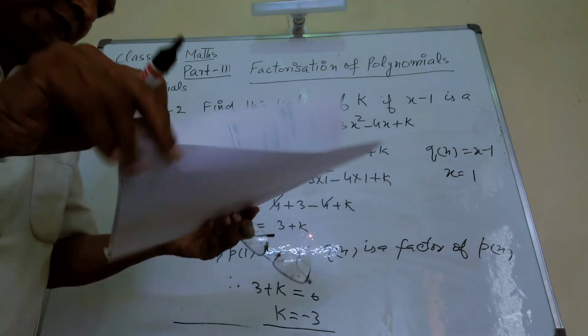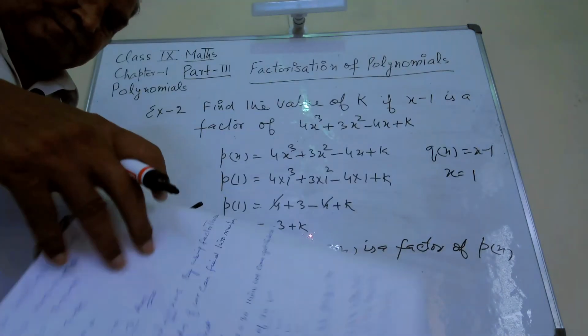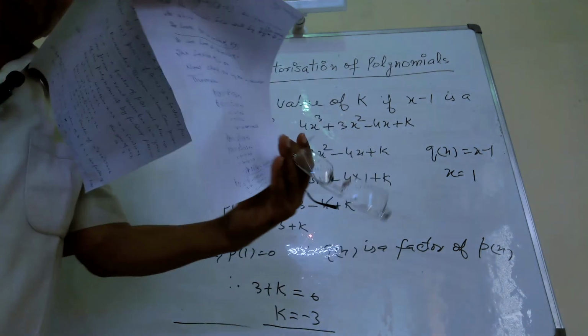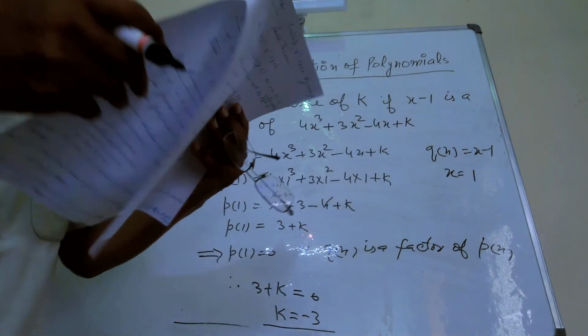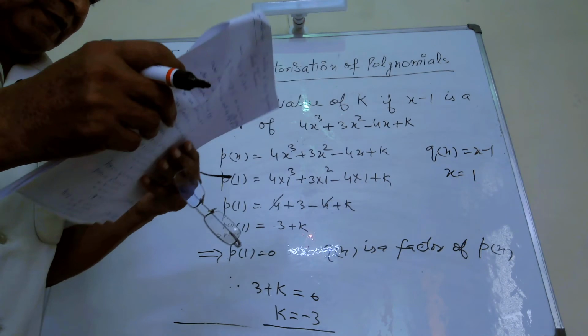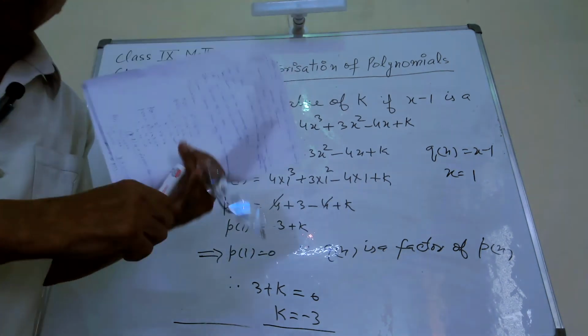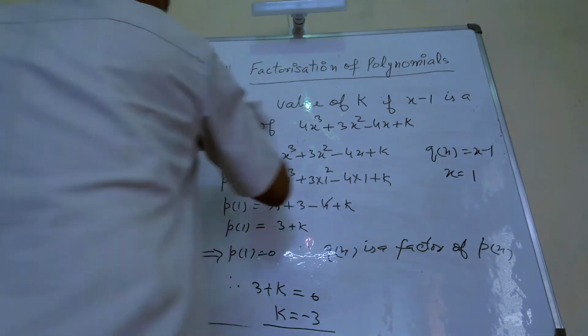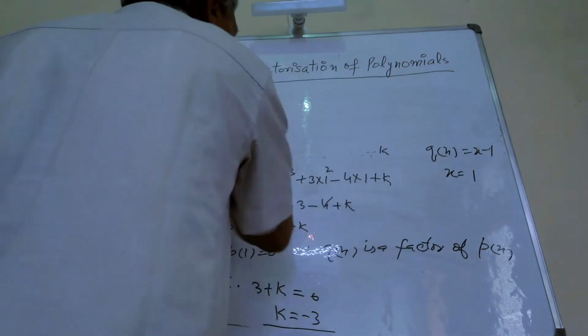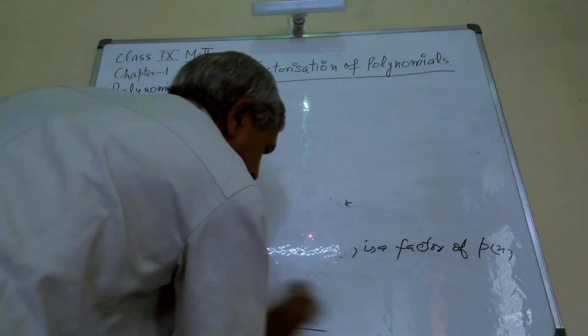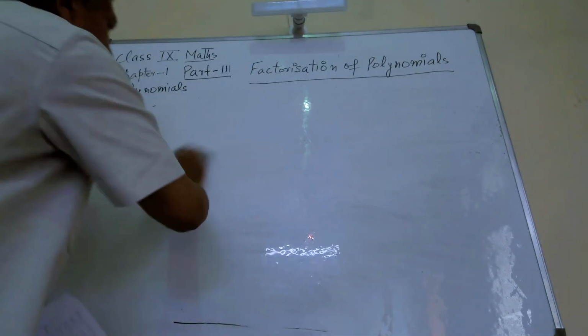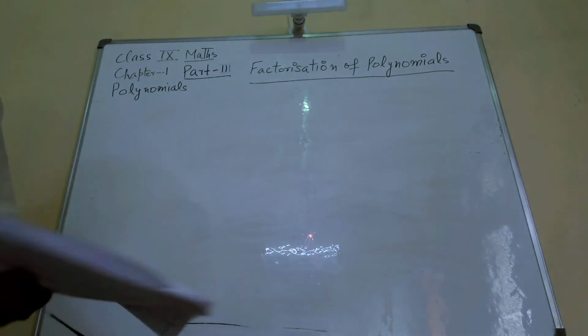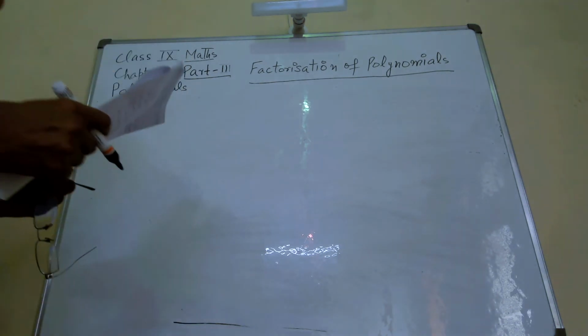So next example. Factorization: now come to factorization by the factor theorem.